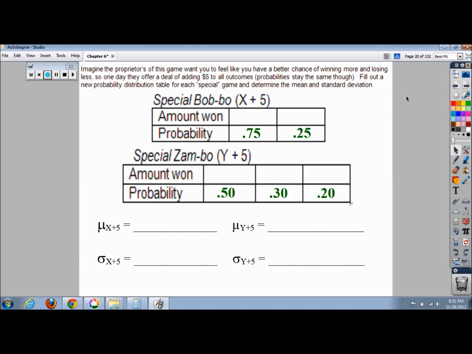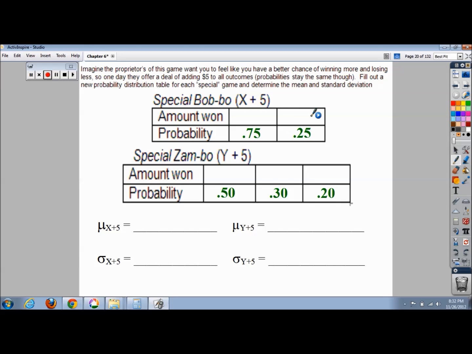Now, a little bit of a twist here. Imagine the proprietors of this game want you to feel like you have a better chance of winning more and losing less. So one day they offer a deal of adding $5 to all outcomes. The probabilities will stay the same. Fill out a new probability distribution table for each special game and determine the mean and standard deviation.